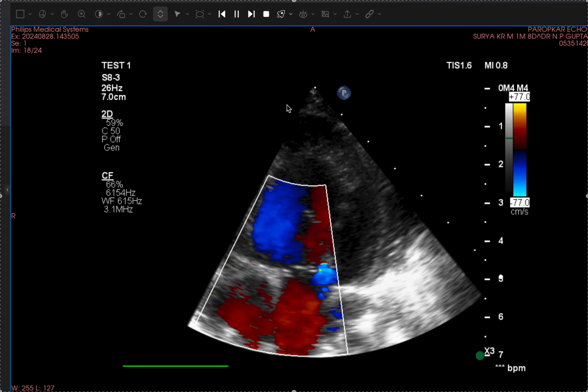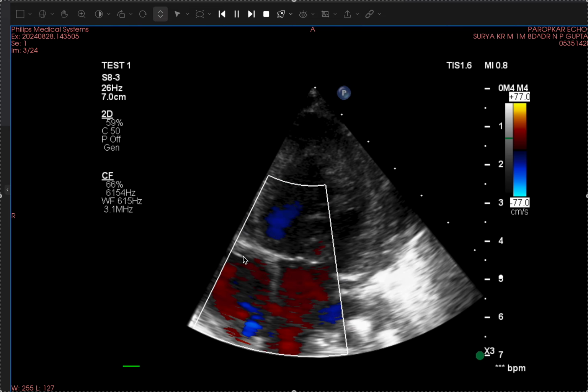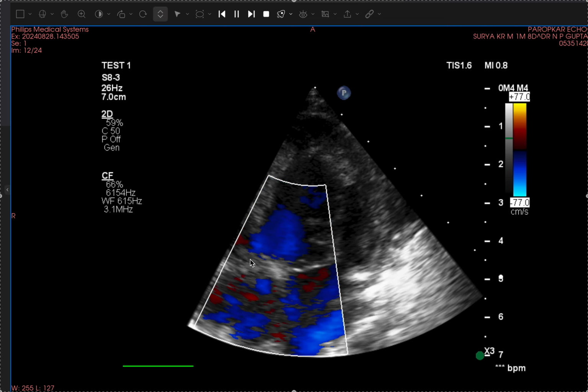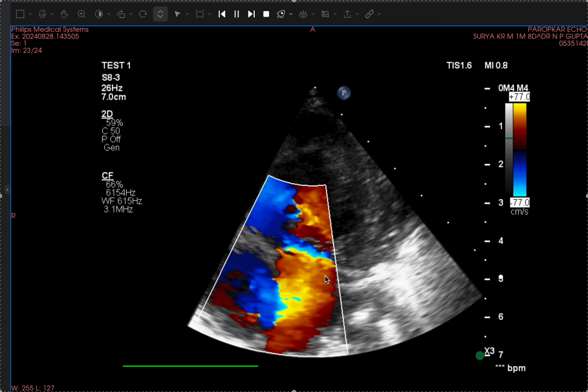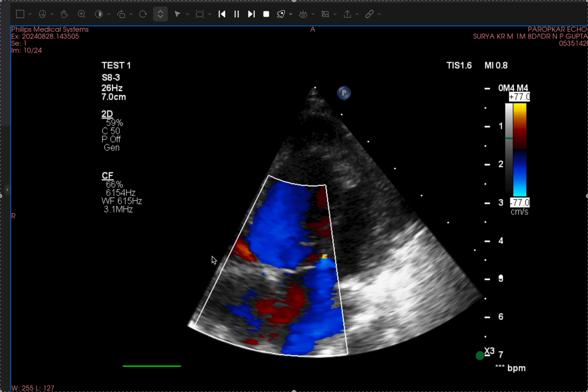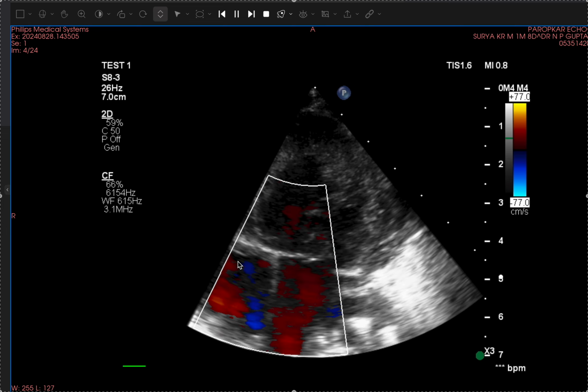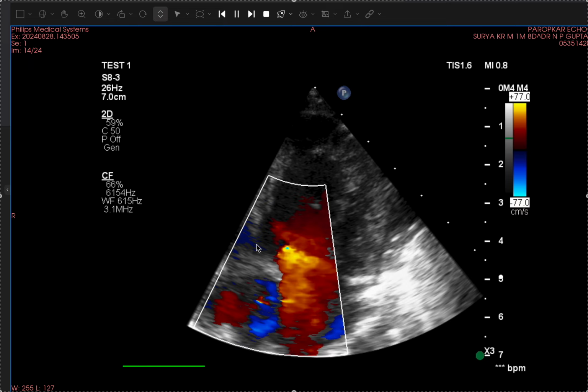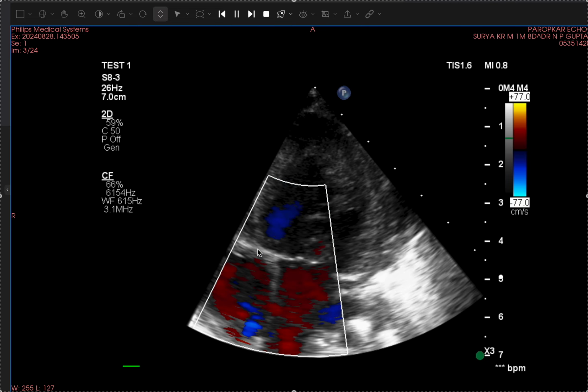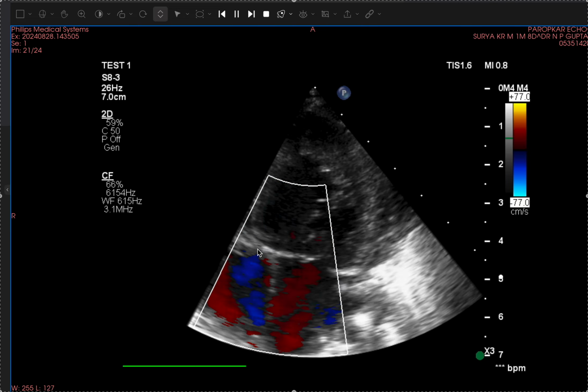So next image, you see this is tricuspid valve atresia, thickened echogenic valve. This is mitral valve. There is inlet VSD and both valves are arising from the same level. Whenever you find inlet VSD, that is the part of AV septal defect.